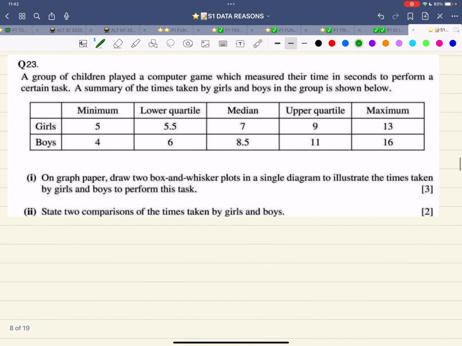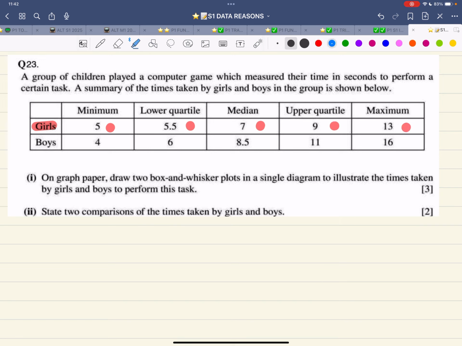So now let's look over here. This particular question says a group of children played a computer game which measured the time in seconds to perform a certain task. A summary of the times taken by girls and boys in the group is shown below. So let me just highlight this. Let me make it bigger. So this is for the girls, and this is the data, the minimum, the lower quartile, the median, the upper quartile, and the maximum.